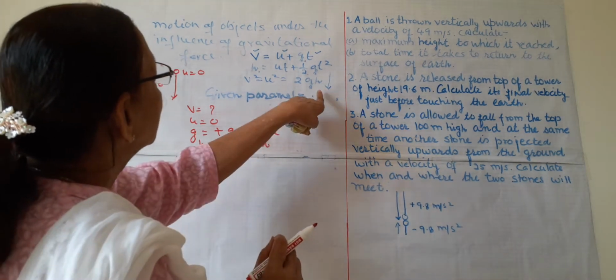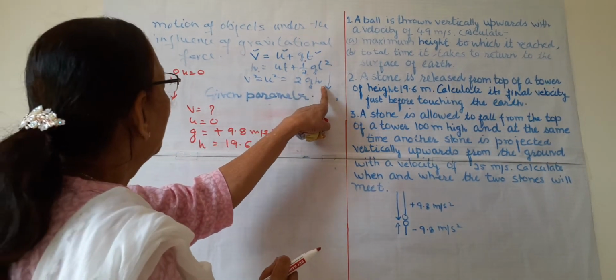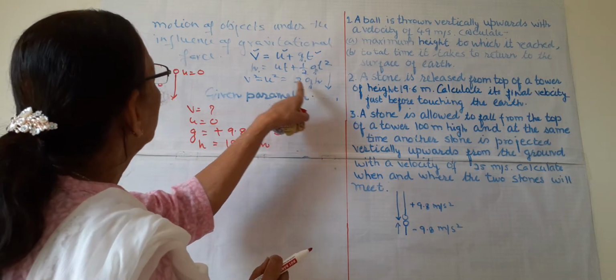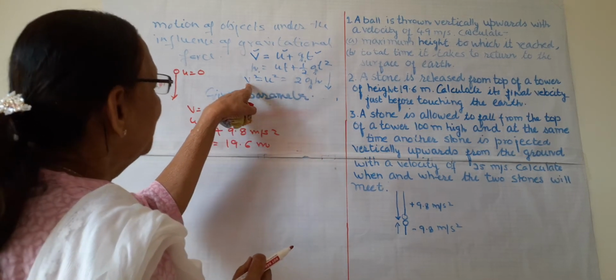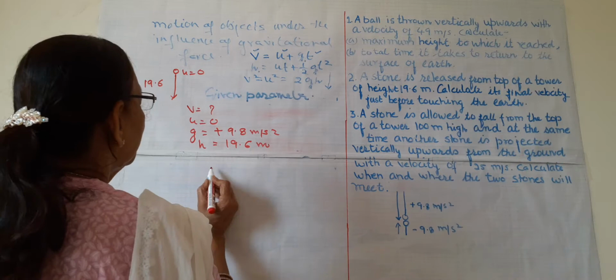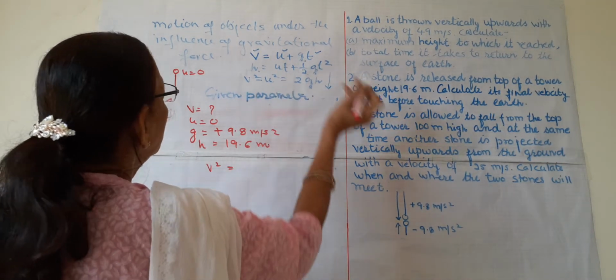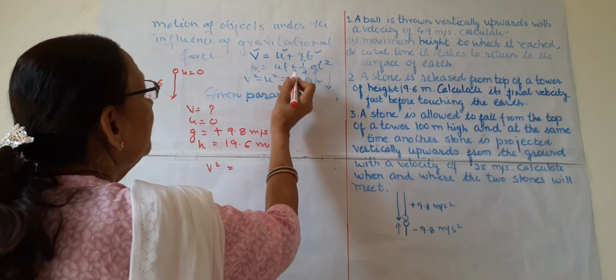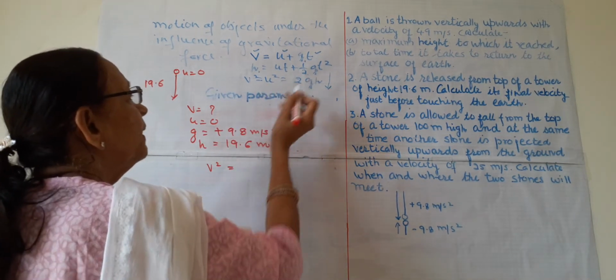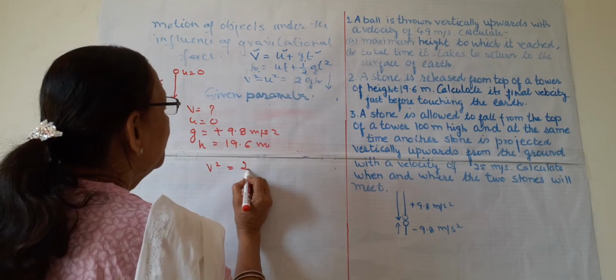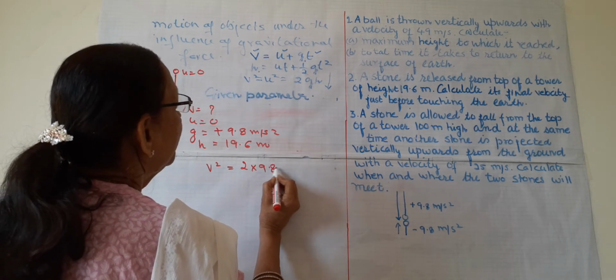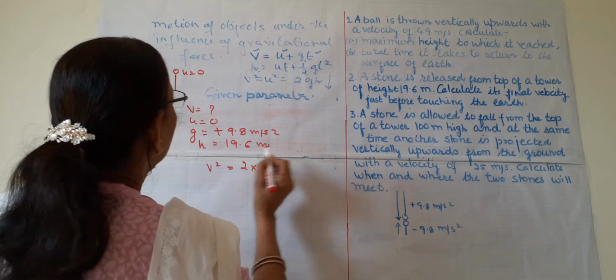So we can use this equation. As we know height, we know g, we know u, and we will calculate. So we can write v square is equal to u square, but it is 0, so nothing to write. We will write 2 into 9.8 into h.